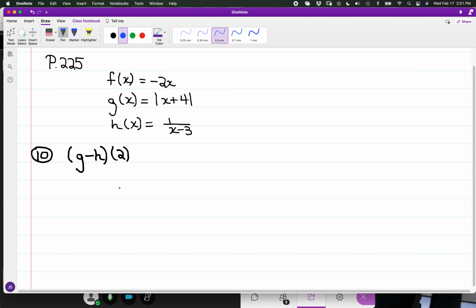For g minus h, if I look at this through the framework where we have g minus h of x, here we have a difference of functions, which translates to g of x minus h of x.